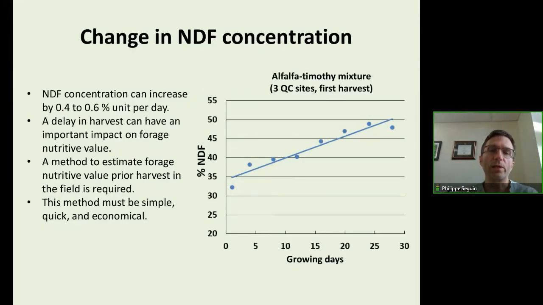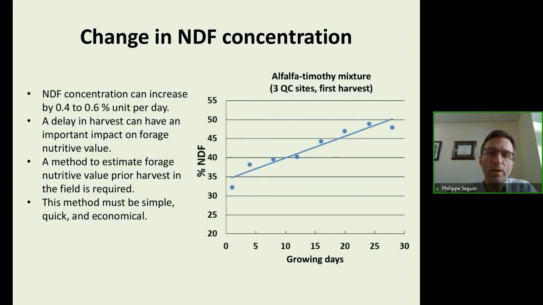I mentioned earlier that NDF concentration of forages can change quite quickly. When we look at the graph on the right side of the slide, we can see data from a research project that was conducted at 3 different contrasted sites throughout Quebec for your typical alfalfa timothy mixture for the first growth period, leading to the first harvest.